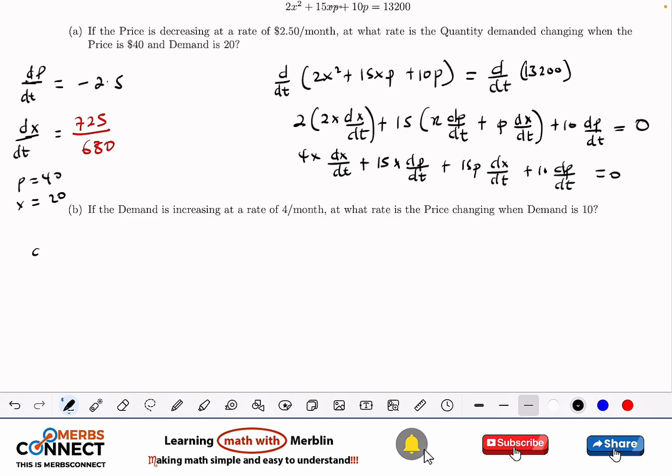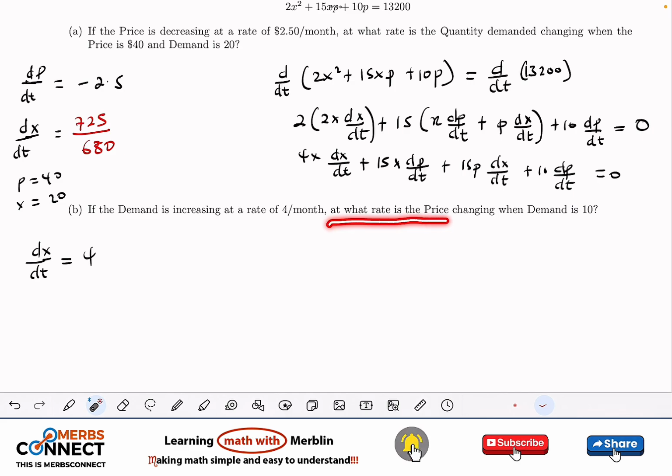So I have something like D over the T. What's the rate going with respect to? Demand. And we are saying that demand is X. So this is the dx over the dt, which is equal to, now this is increasing. This is not like decreasing that we are going to have negative. So this one will be positive, which is 4.